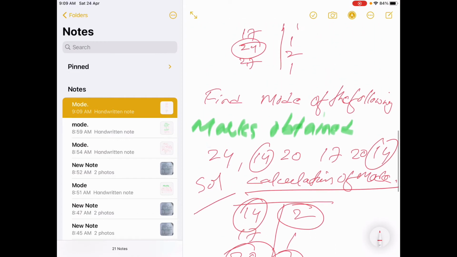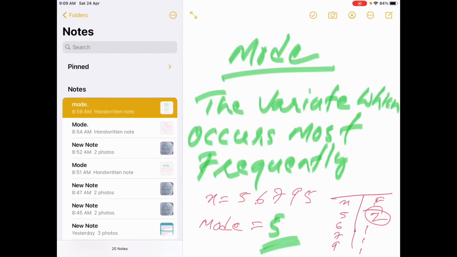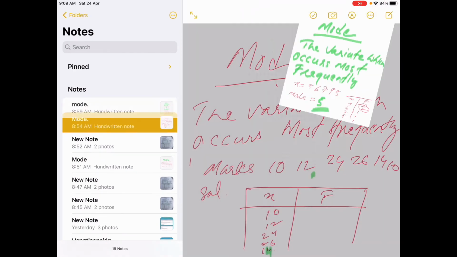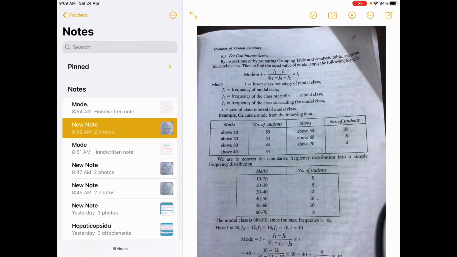Okay, now let us do some other questions. When the question is from class boundaries, you are asked to find the mode not from an individual series but with frequency and class boundaries.